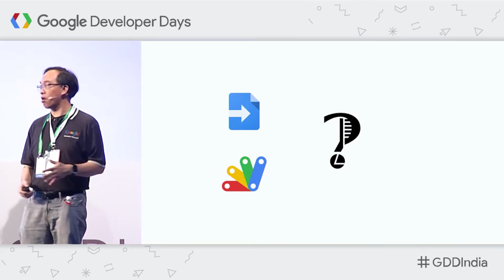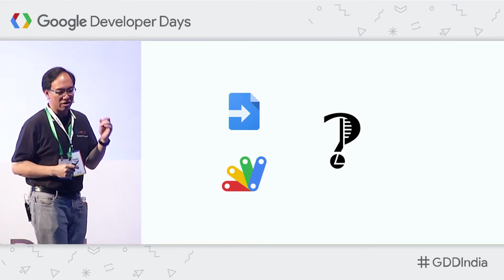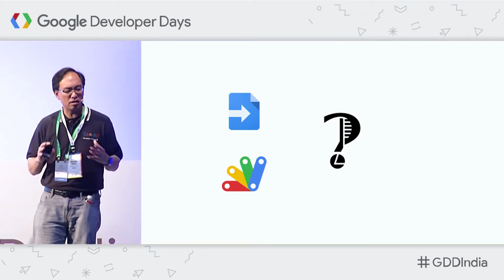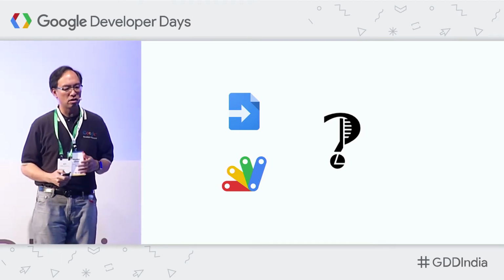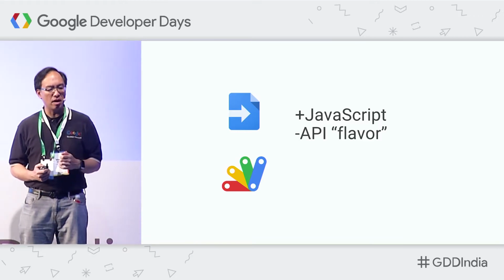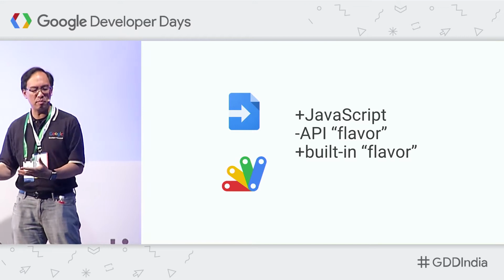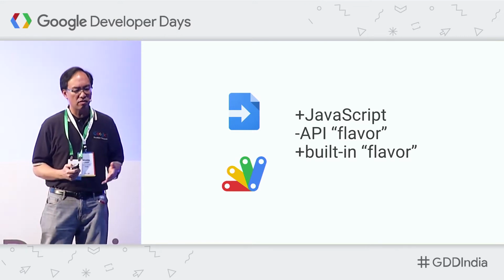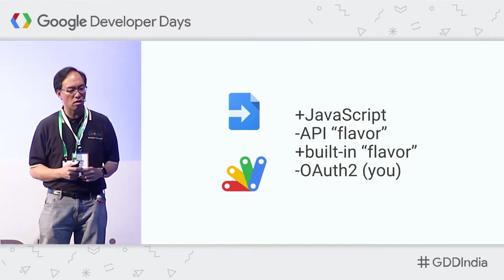By the way, here are our original and our new logos. The new design hints that Apps Script is like a Swiss Army knife. It's very utilitarian. It's a tool based on JavaScript, but it's less like using APIs and more like using services or built-in API access. Because of that, you don't have to worry about more mundane things like writing OAuth code.